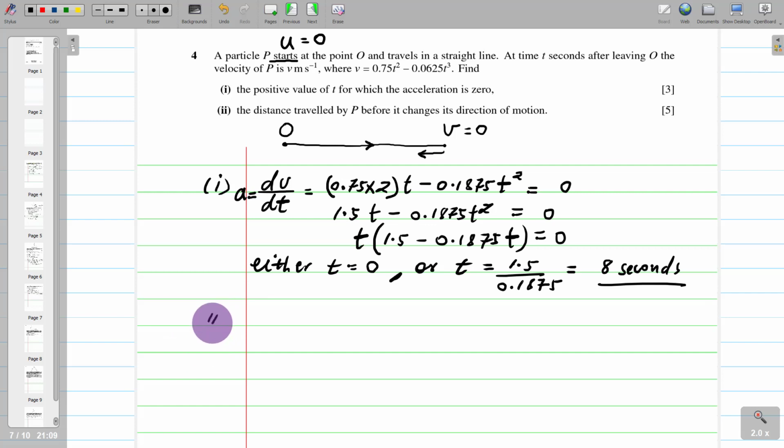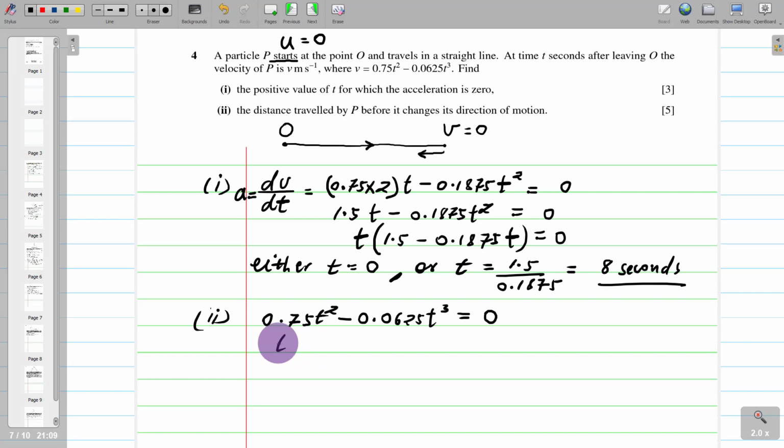So in part 2, we get that expression, which is 0.75t squared minus 0.0625t cubed. We equate that to 0 because we want to get the time when the velocity is 0.